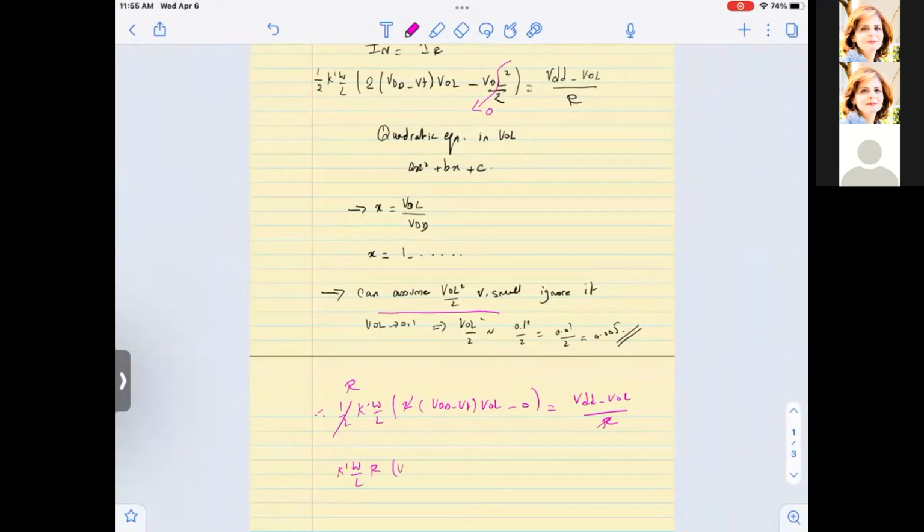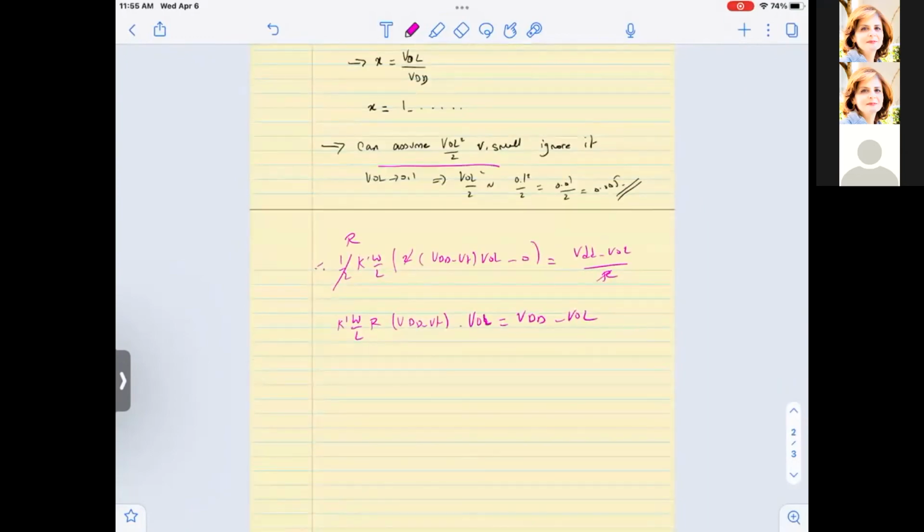The 2 and the half cancel, we move the R up, so I get K prime W over L times R times VDD minus VT multiplied by VOL is equal to VDD minus VOL. Collecting on one side, we get VOL multiplied by 1 plus K prime W by L times R times VDD minus VT is equal to VDD.